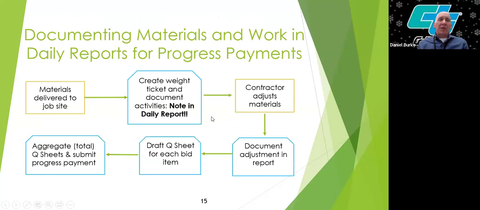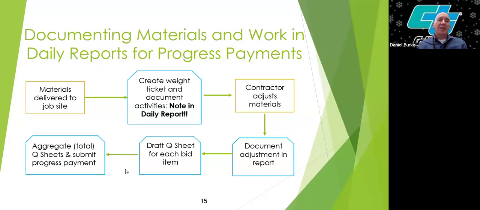We have here a very simple high-level flow chart for documenting materials and creating that audit trail that I was just describing in the previous slide. Specifically, this covers the materials and the work in the daily reports that are going to be generated into the progress payments that are sent out to the Caltrans districts. So you want to make sure that you document the materials that are delivered to the job site in the daily report.